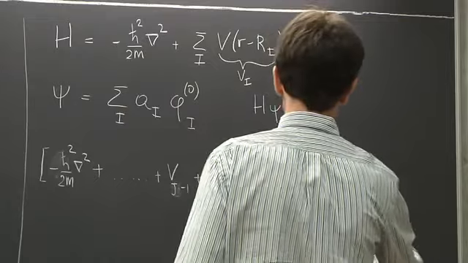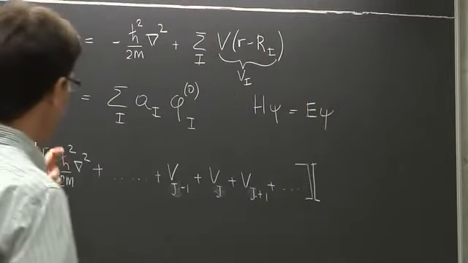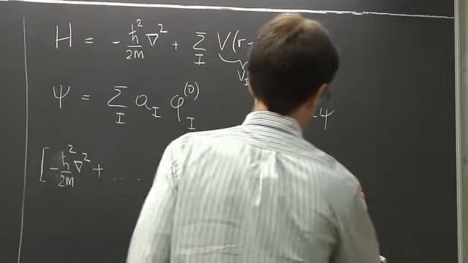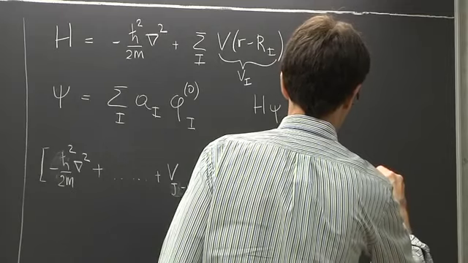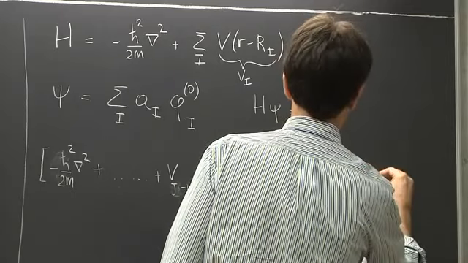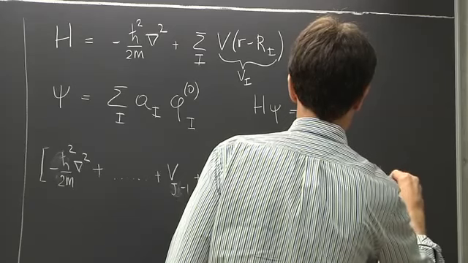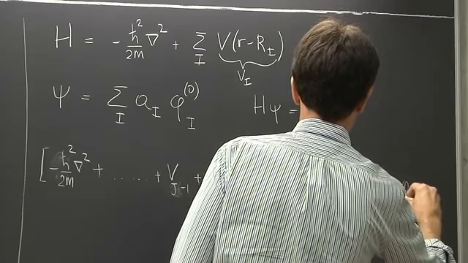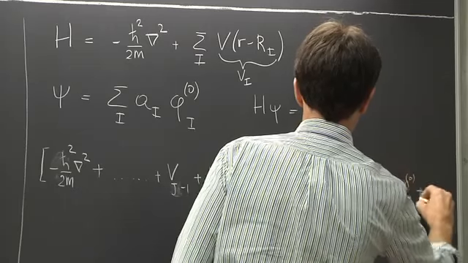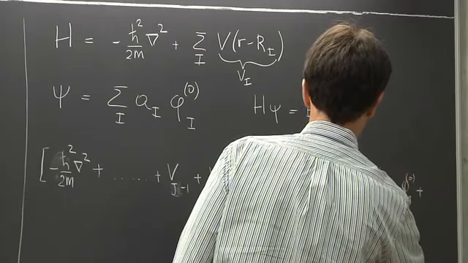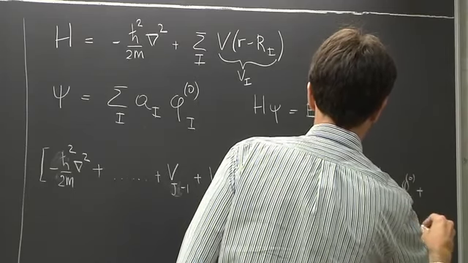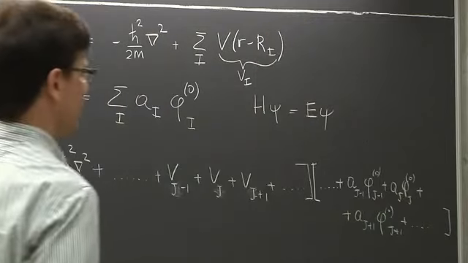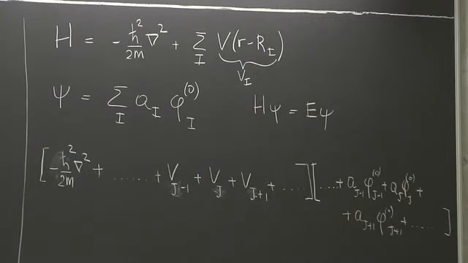And let me do something similar here, because I have to apply H to my wave function. So here we'll have an infinite series, and then at some point I will have a_{j-1} phi naught j minus 1, plus a_j phi j, plus a_{j+1} phi naught j plus 1, plus an infinite series to infinity on the other side.